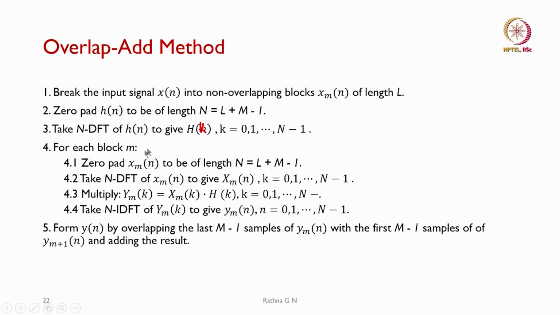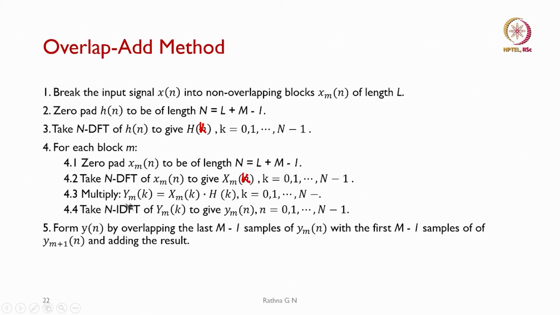For each block m, we zero pad x m of n to be of length N equal to the same thing, L plus m minus 1, and then take the N-point DFT of x m of n to give X m of k, for k equal to 0 to N minus 1.